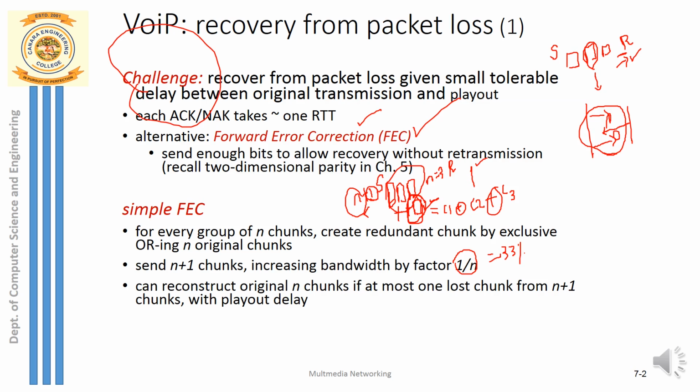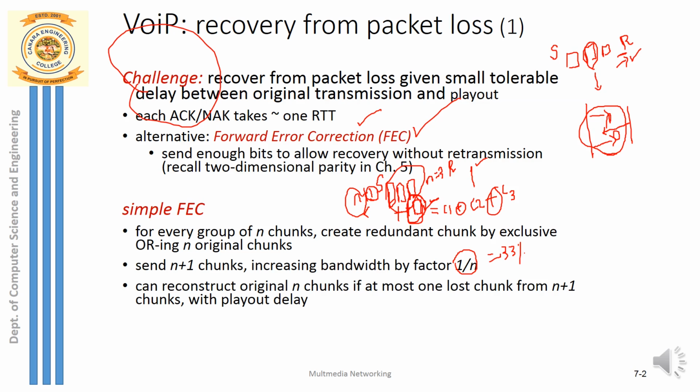The receiver is not receiving just one chunk at a time, he is now receiving a group of chunks. If the group size is larger, the receiver's playout delay will increase. Since delay increases, the receiver will have to wait a long time. That is not acceptable. Also, whenever the group size increases, the possibility of packet loss also increases.